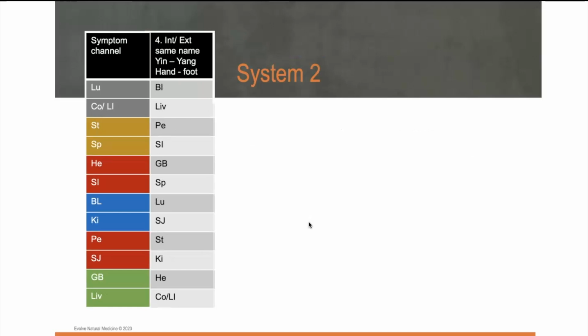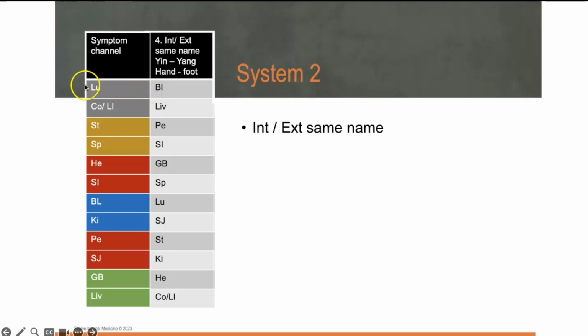All right, when we're looking at system 2, we're looking at the internal, external, same name, yin to yang, hand to foot. So if we look at in terms of internal, external, same name, so we're looking at Tai. So in the case of this first one, lung Tai Yin, bladder foot Tai Yang.